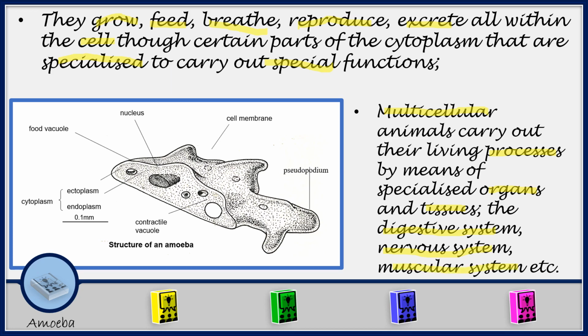So multicellular organisms need these specialized organs to carry out those specific functions. But when you are talking about the amoeba, you will see that it is a single cell carrying out all those life processes like feeding, breathing, reproduction, excretion, and so on.